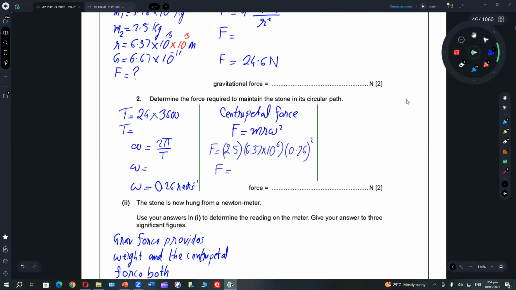What is the force coming up? Okay, 7.27 × 10^-5. Any other student can contribute what omega is coming? Because the dispute is coming up for omega.